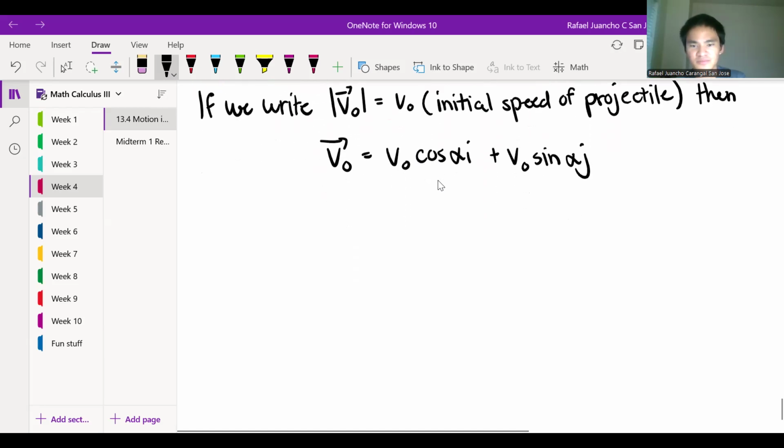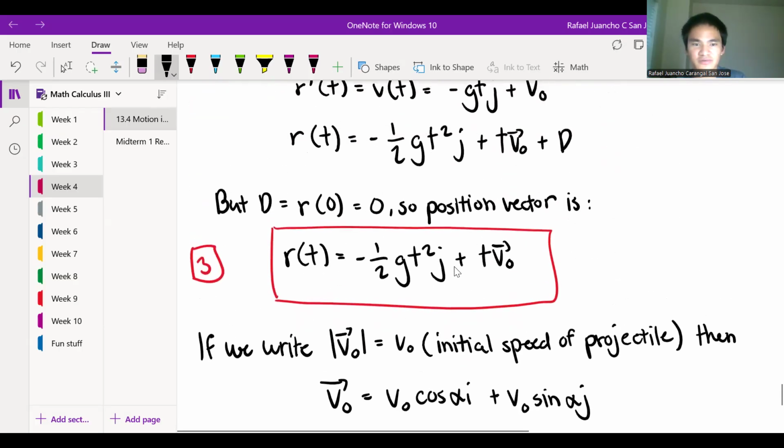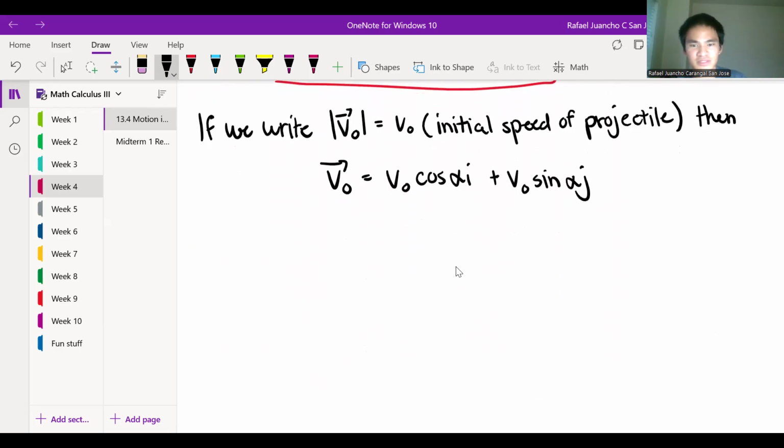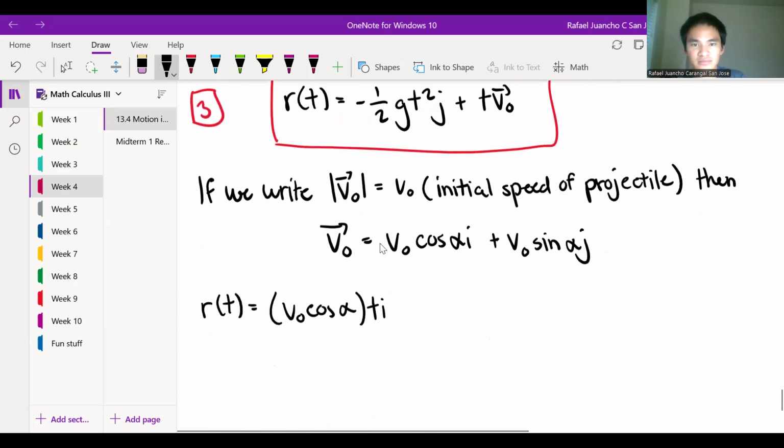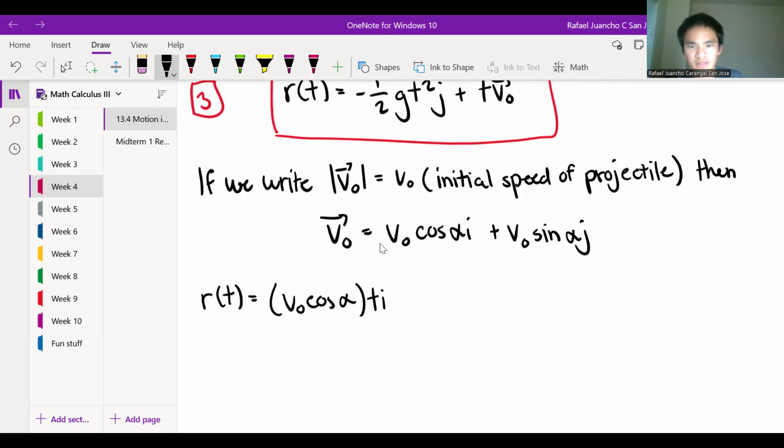And from here, we now have a modified equation 3. So here we say r of t is now v naught cosine alpha t i, right? And this is added to v naught sine alpha t.